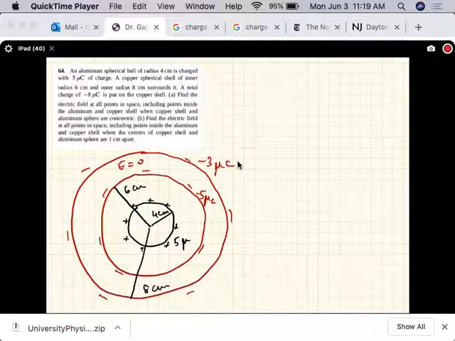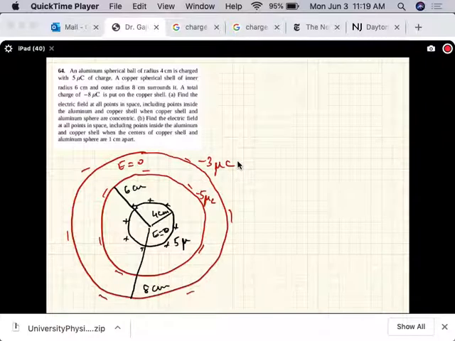Now what they're asking us to do is find the electric field at all points in space. They want us to find the electric field here, here, here, and here. We already have the electric field inside, which is 0.